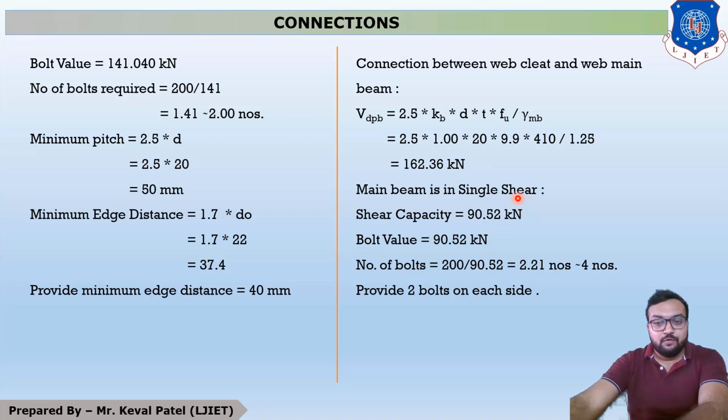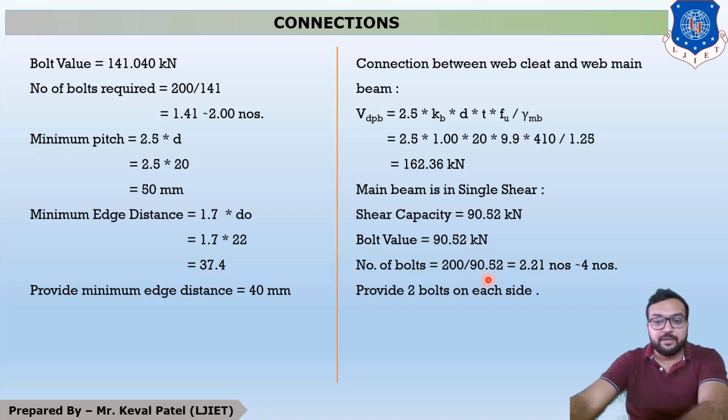Now what is the smaller value? The smaller value for main beam is 90.52. So our bolt value is 90.52 kilonewton. Now from the secondary beam, 200 kilonewton load is transferred to the main beam. So how many bolts are provided on the main beam?